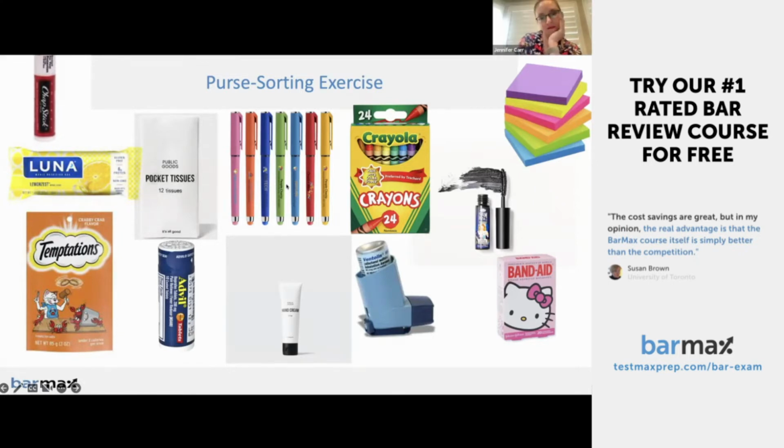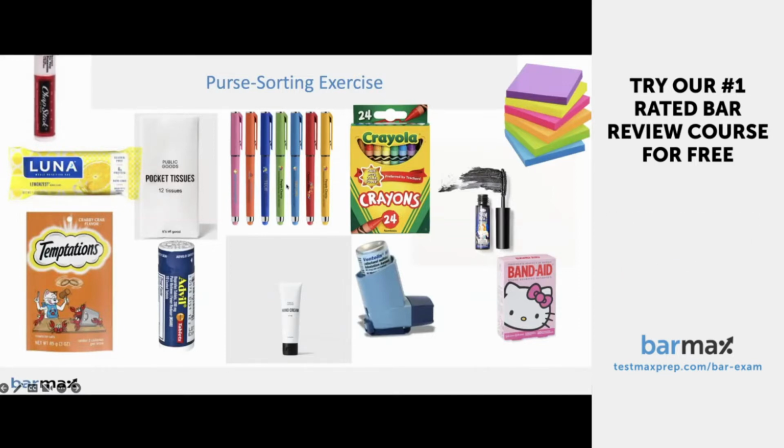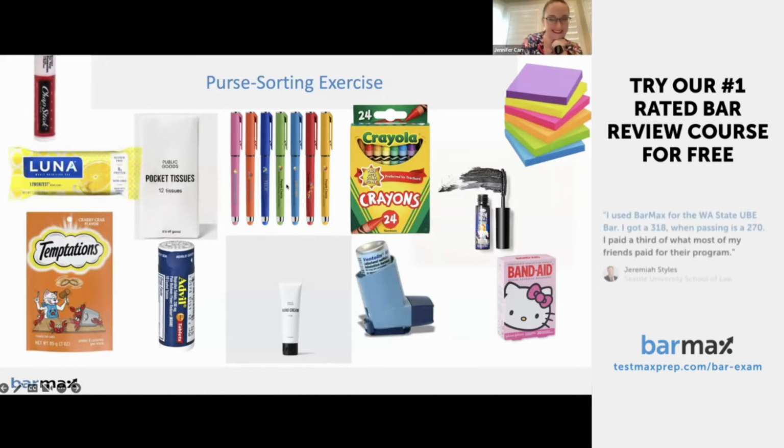I put the Luna bar with the Temptations cat treats, although I'm not sure how I feel about putting cat treats with a protein bar. With kind of the idea that they're things to eat, whether they're things to eat for people or cats. Yeah. I love it.